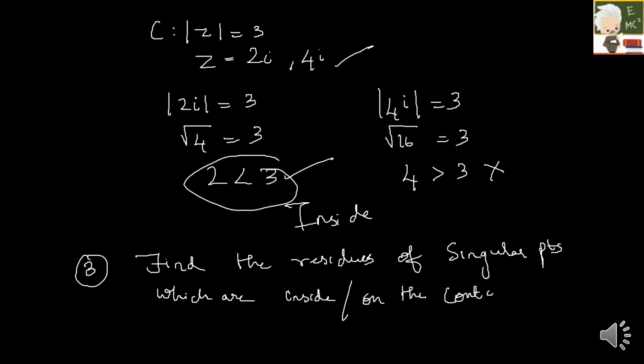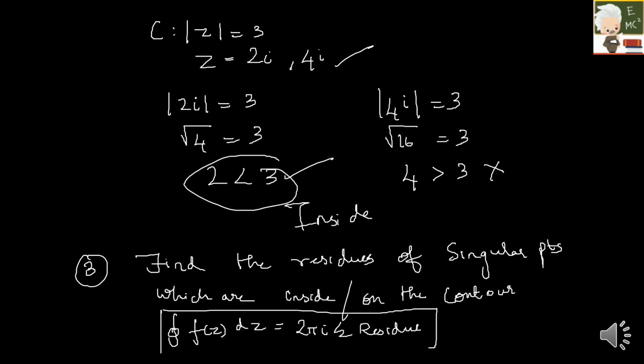You should not consider the points which are outside. So how should I find the residues? Finally, the integral of f(z) dz is equal to 2 pi i times the summation of residues. We have to sum the residues of the points which are inside the contour.